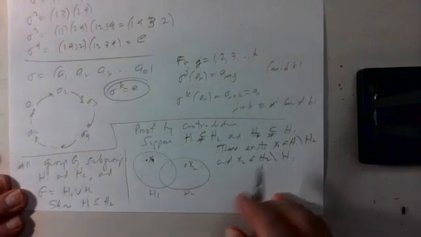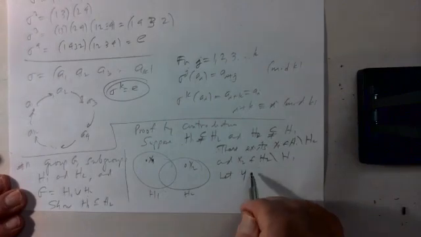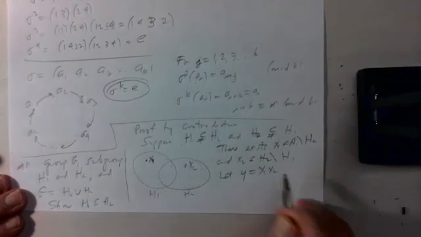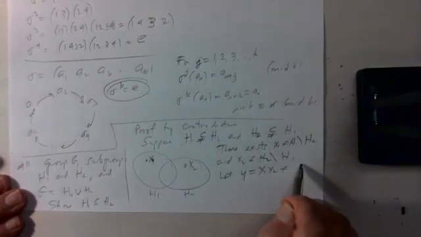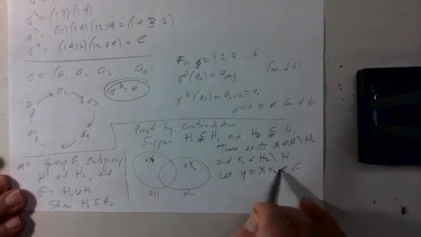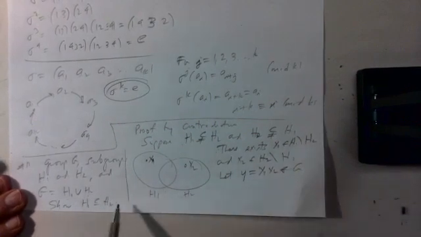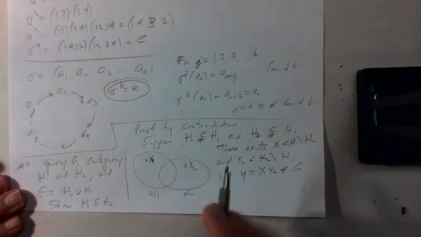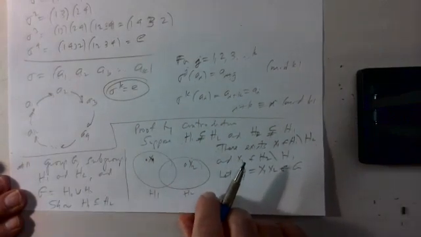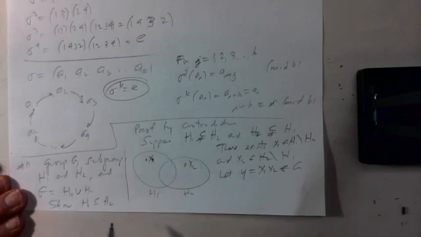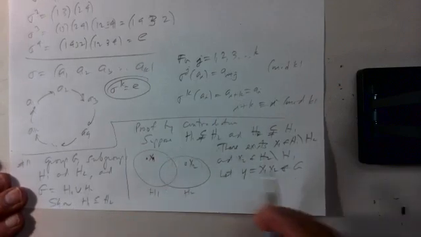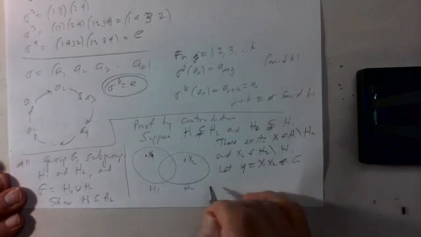Okay? So suppose we let Y be equal to X1 times X2. This is an element of the group, of course, because H1 and H2 are subsets of the group. If it's an element of the group and the group is H1 union H2, it has to belong to one of these sets.